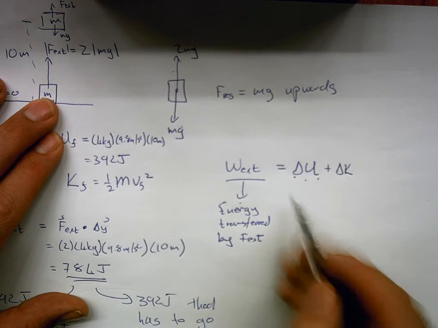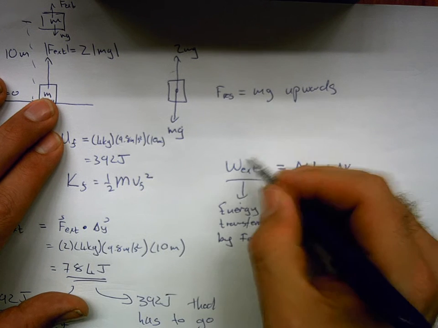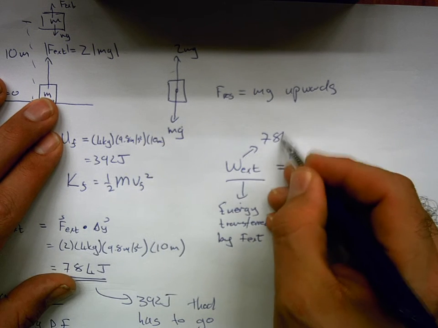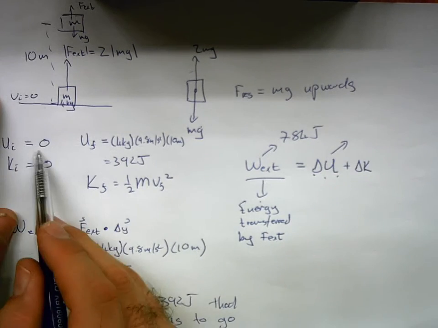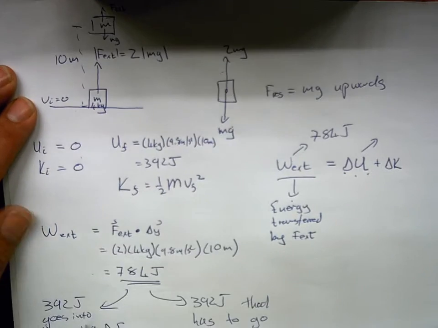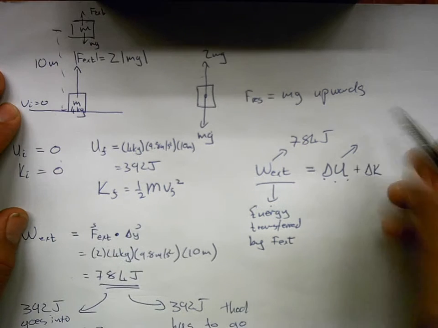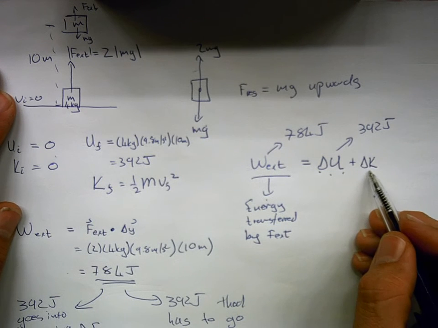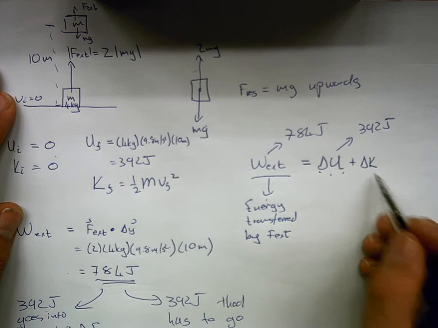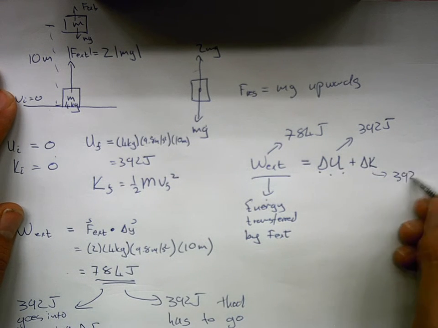So if this is equal to 784 joules, and at 10 meters displacement we had 392 joules of potential energy, this means our kinetic energy change is also 392 joules.